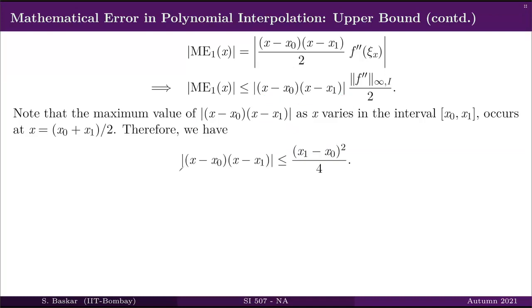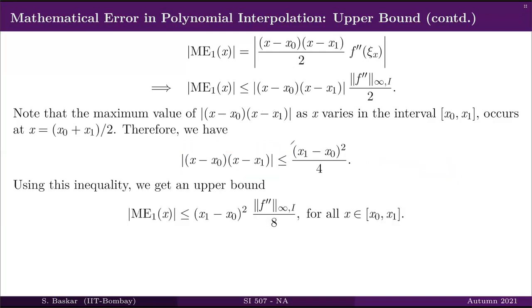Thereby, you can see that mod x minus x naught into x minus x1 is always less than or equal to x1 minus x naught whole square by 4. So this holds for all x in the interval x naught to x1, because we are confined only to this interval as far as this function is concerned.